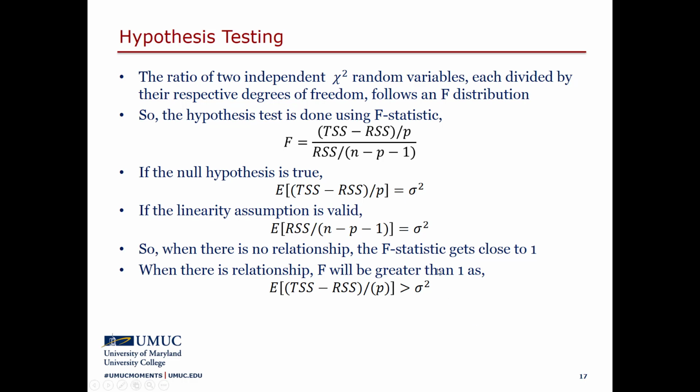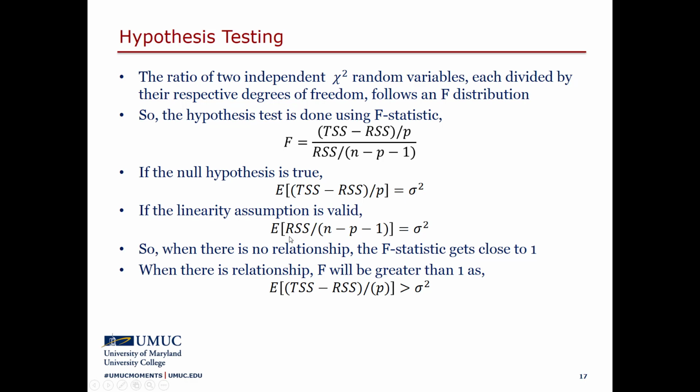And the F statistic is right here, which is the difference between the total sum of squares and the residual sum of squares divided by the number of predictors, over the residual sum of squares divided by the degrees of freedom, which is n minus p minus 1. So if the null hypothesis is true, the numerator of the F statistic is the same as the variance.